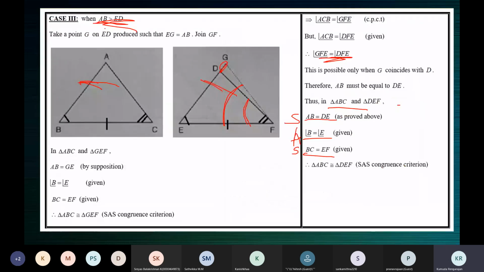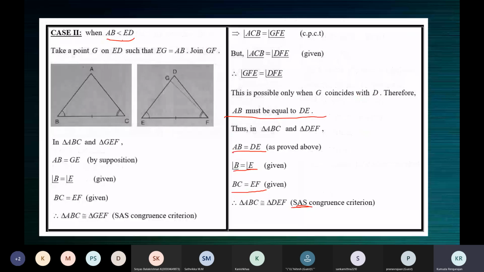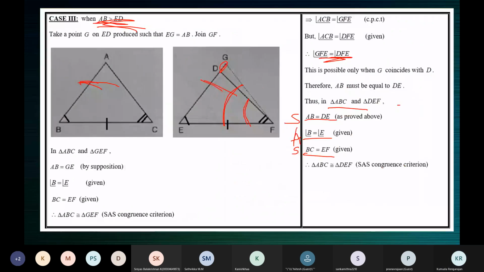What happens when AB is greater than ED? We see that these two cases are not possible, because even when we assumed AB longer or shorter than ED, the new point G always coincided with D, proving that AB is always equal to DE. So the triangles are congruent to each other by the SAS congruence criterion.